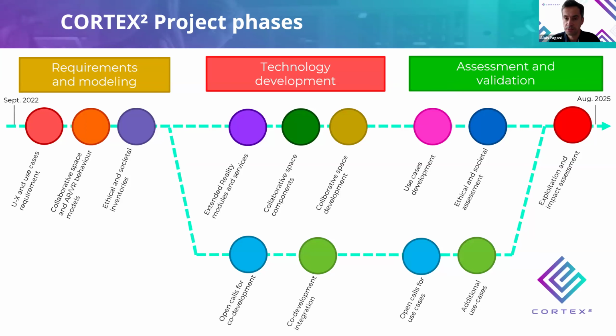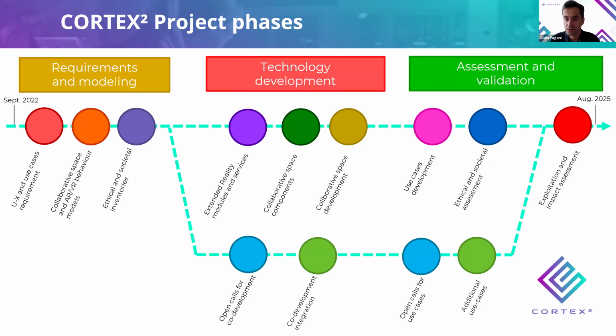We have three development phases. Our project is, of course, structured into work packages and tasks, but we have a kind of linear development, where we started by collecting requirements and modeling the different applications we want to do. Then we entered the technology development phase, where we were developing all these modules and integrating them with the Rainbow platform.